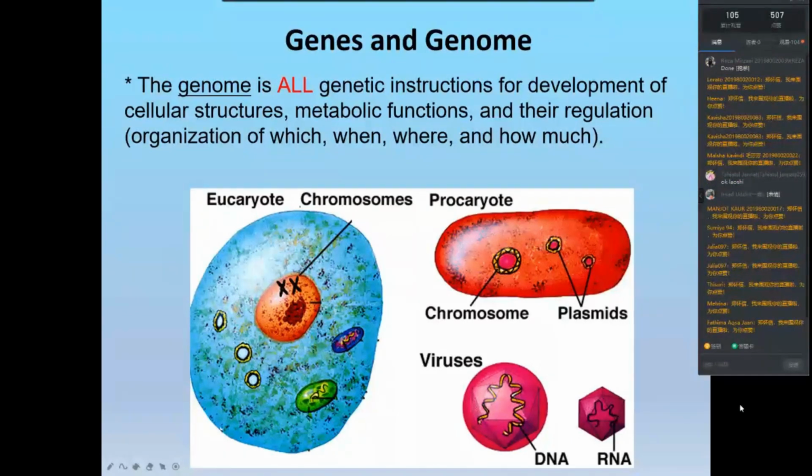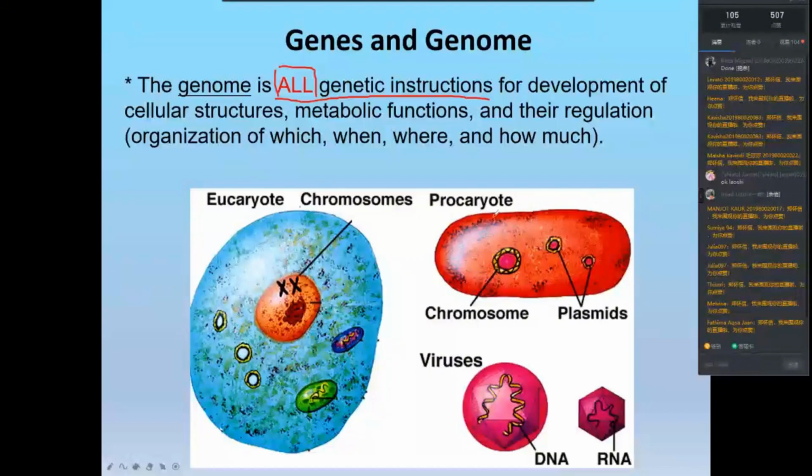So the genome is all the genetic instructions for development of cellular structure, metabolic functions, and their regulation. Here, we need to remember this point. First, genome include all genetic instructions. All means that any kind of genetic instructions.